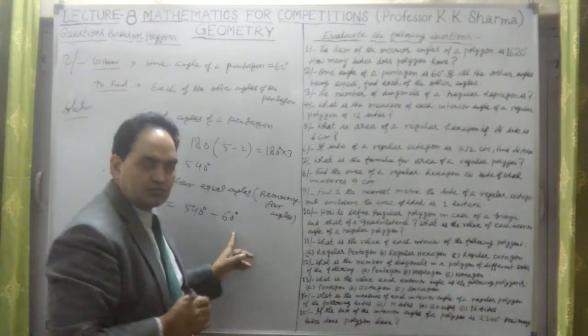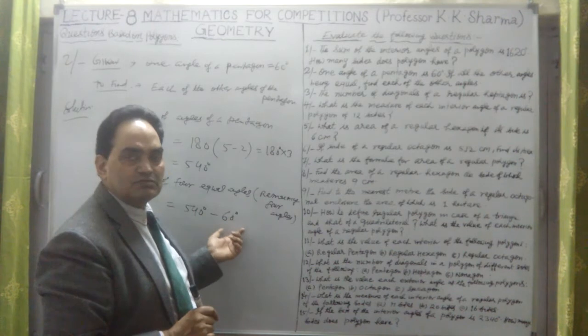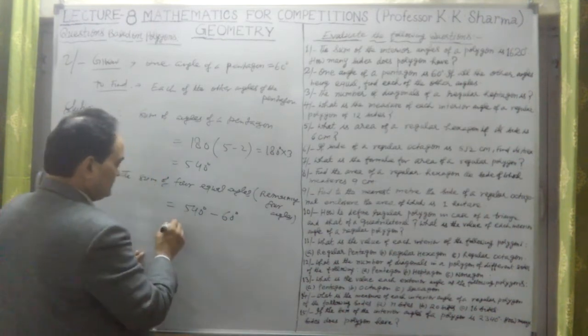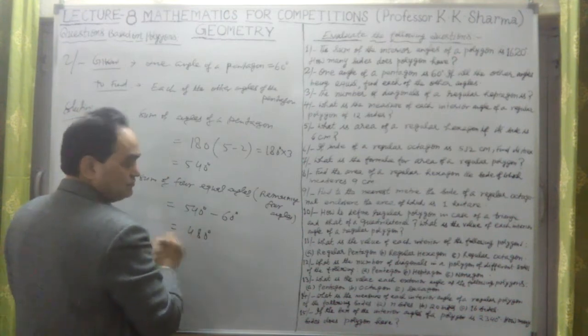But this one angle of the pentagon, 60 degrees, is given. So out of the total sum of 5 angles, we have to subtract 60 degrees. We get here how much? Yes, this is 480 degrees.